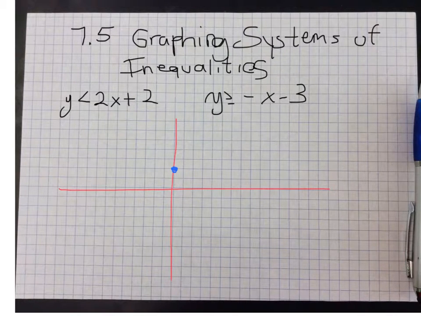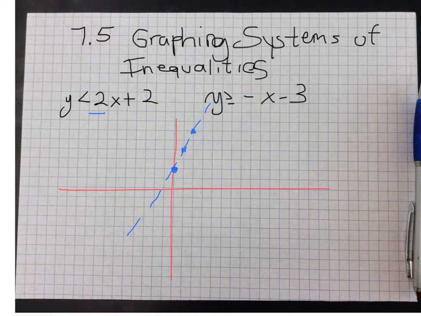And then the slope is 2, so I'm going to go up 2 over 1 and up 2 over 1. Because it's a less than, not a less than or equal to, that has to be a dashed line. So I'll make a dashed line going through those points.